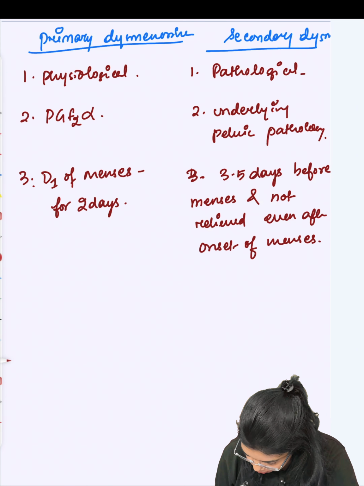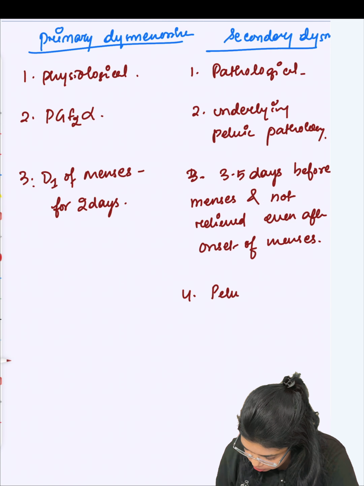Then what is the cause? What are the causes of secondary dysmenorrhea?